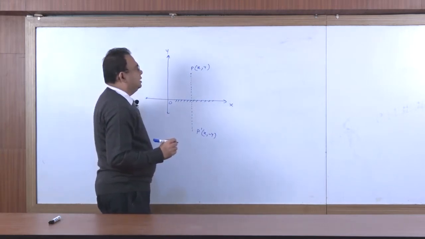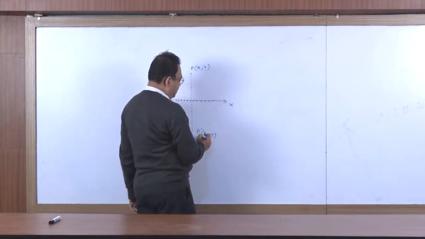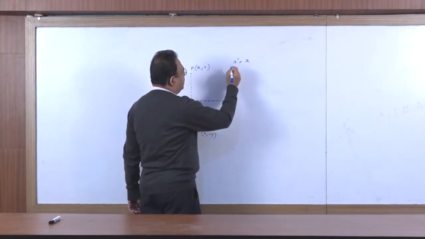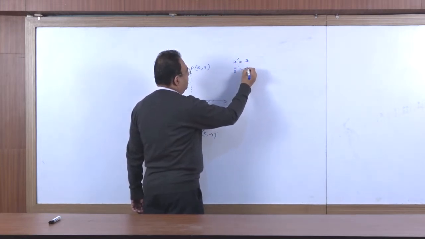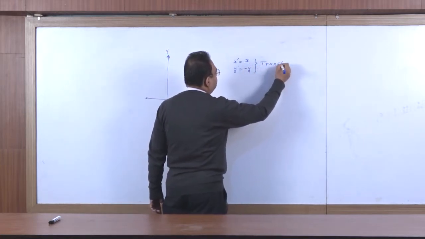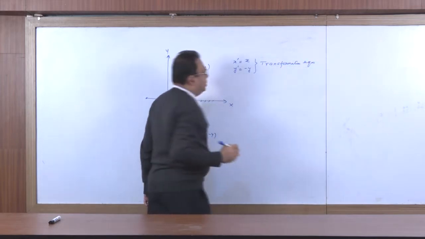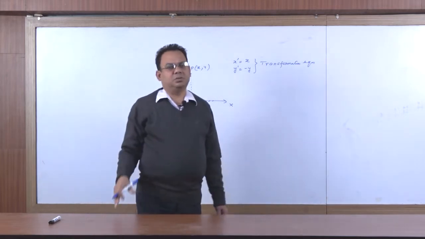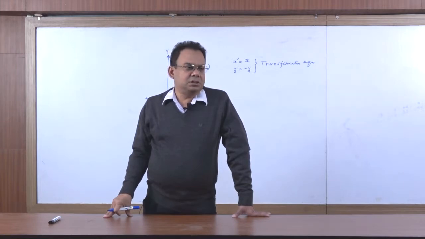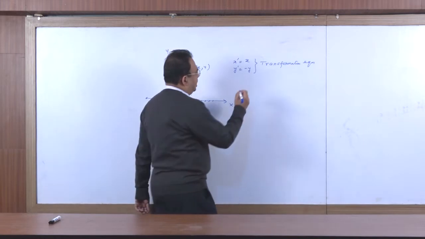So, we can write the transformation equations as: x dash is equal to x, that remains unchanged, and y dash is equal to minus y. Now, once we have those transformation equations, we can easily represent them in the form of a matrix.